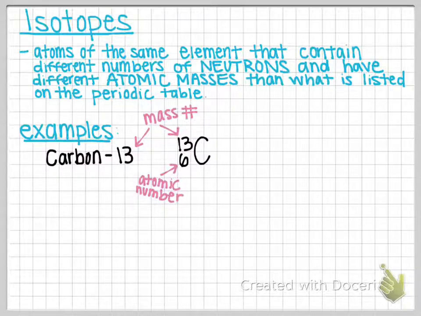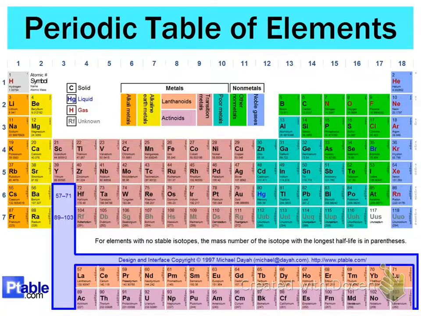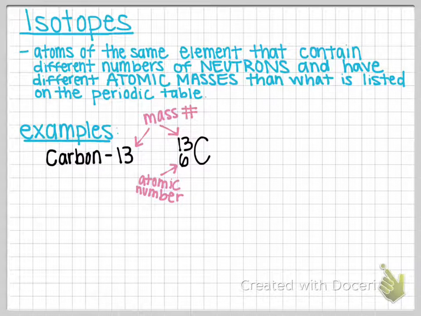And so if you look at carbon on the periodic table up here, you can see that its atomic number is 6. And so that's where that 6 came from. So these are the two ways that you will see isotopes written.